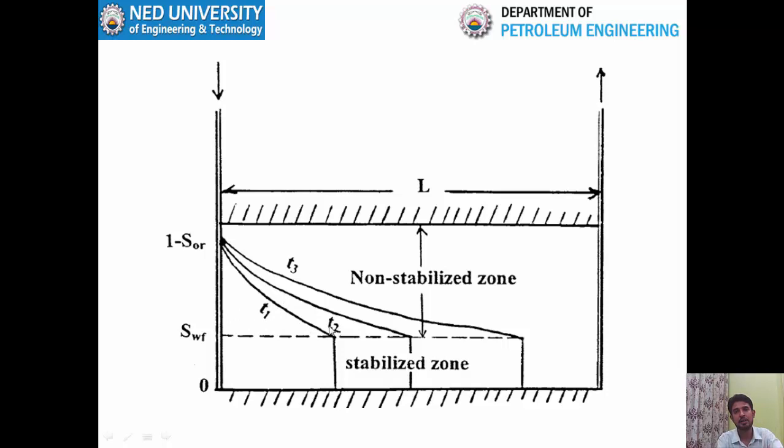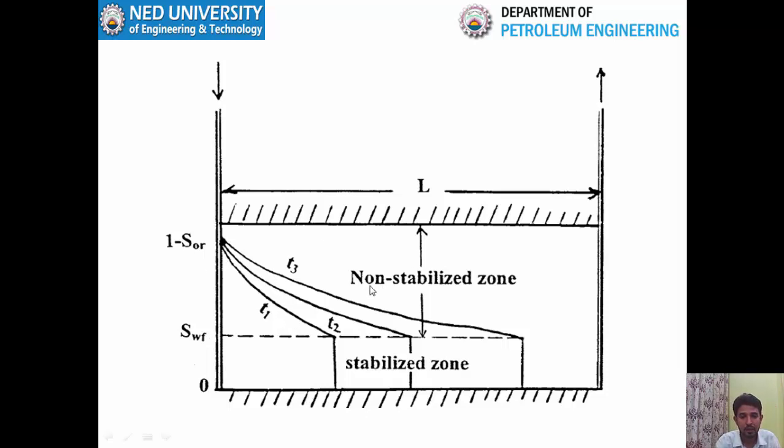So for example, at a given time you can see where your waterfront is present in the reservoir, and SWF is written. SWF, we have seen, is the minimum saturation required by your waterfront to move inside the reservoir, or in other words, the saturation of the waterfront.